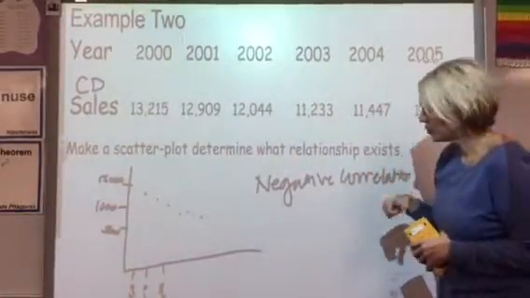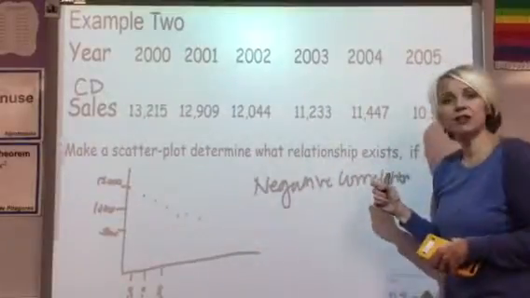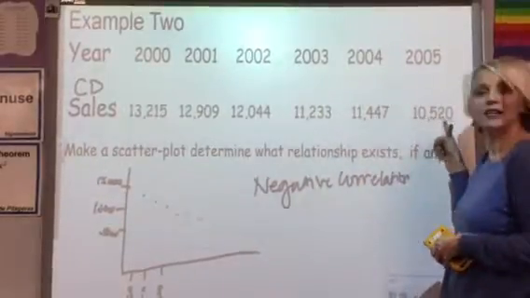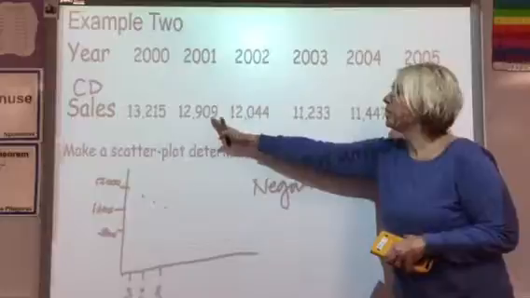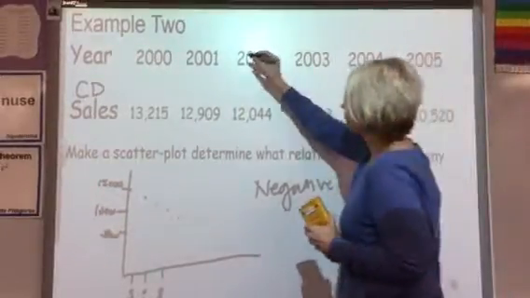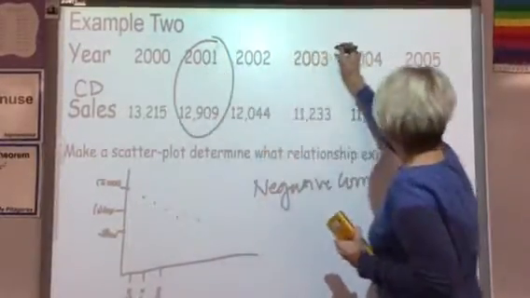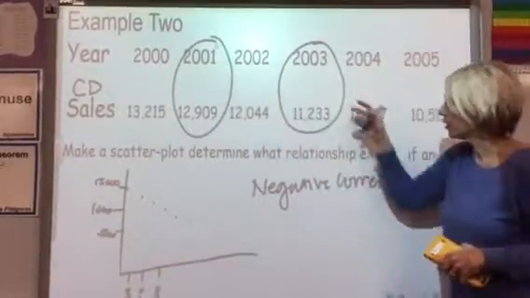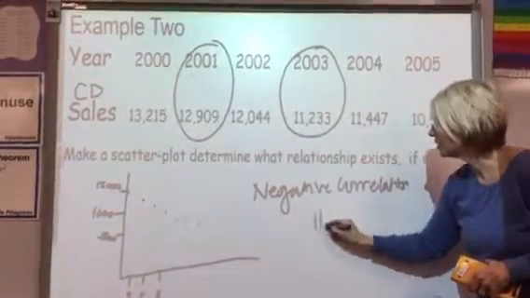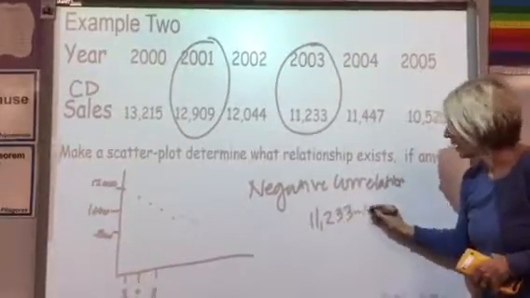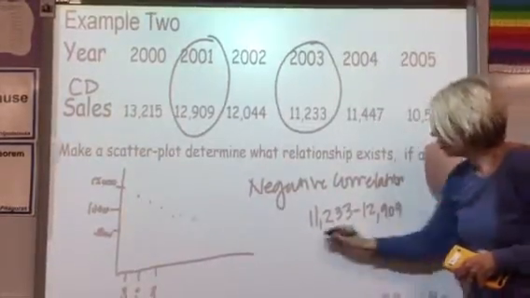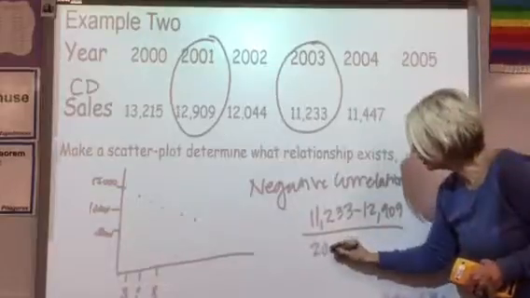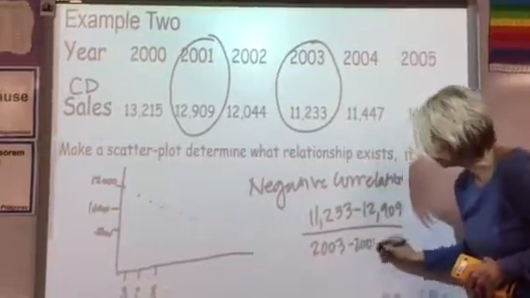So since we're looking for 2008, we have to figure out what's going on here. We know it's going to be going down, so we need to have some specifics. So I'm going to pick this point here and this point here. What I have are two coordinates, so we're going to do y2 minus y1 over x2 minus x1.